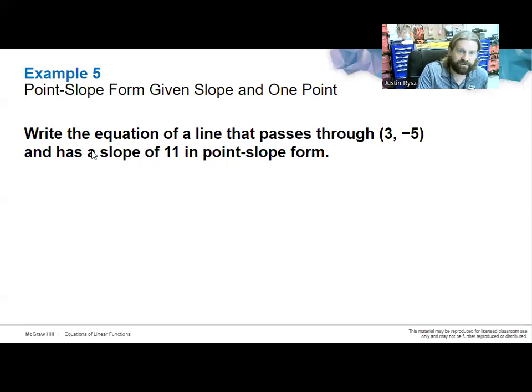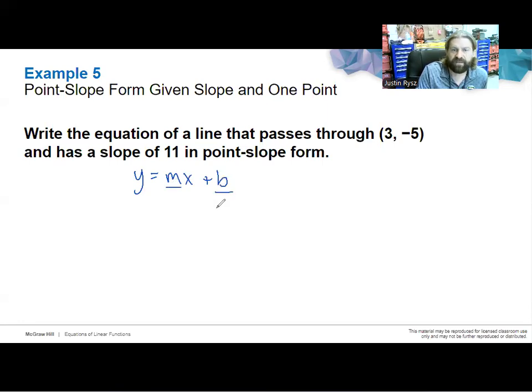So if we need to go through and find the equation y equals mx plus b, there's the two numbers we need to find, m and b. All right, maybe we'll even write it up here. M equals what? B equals what? Now, in this story problem, it goes to the point (3, -5) and has a slope of 11. 11 is our m. It's right there.